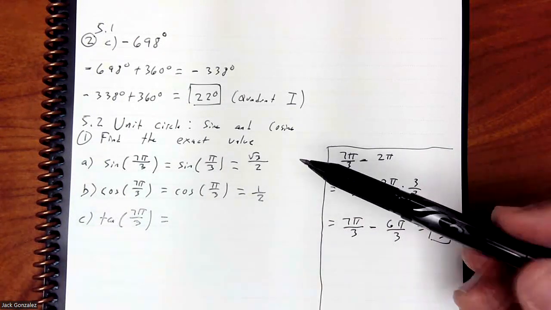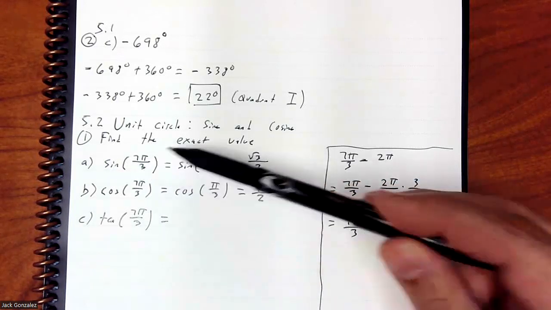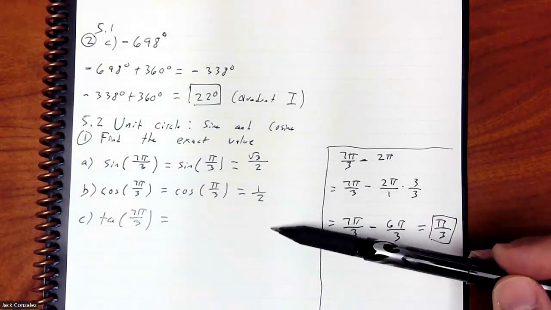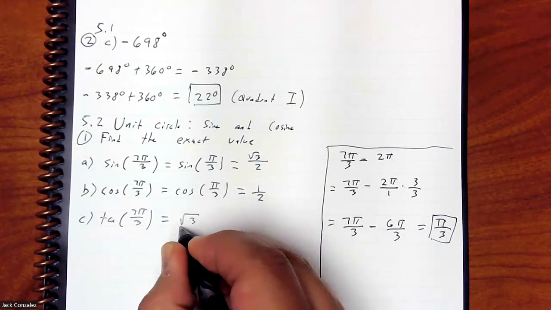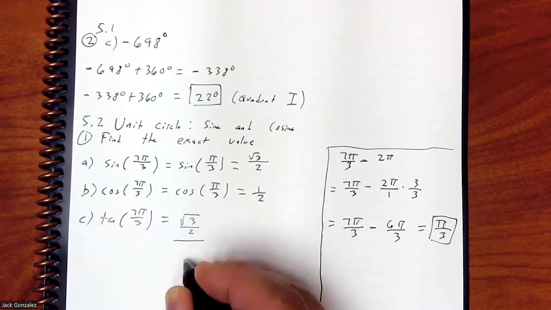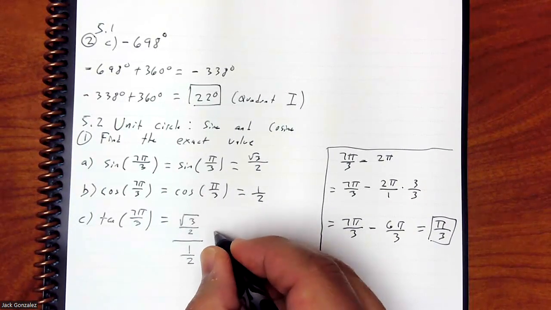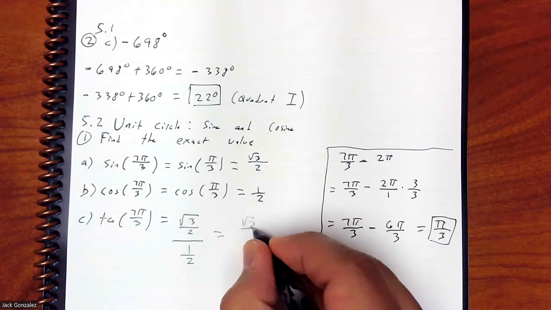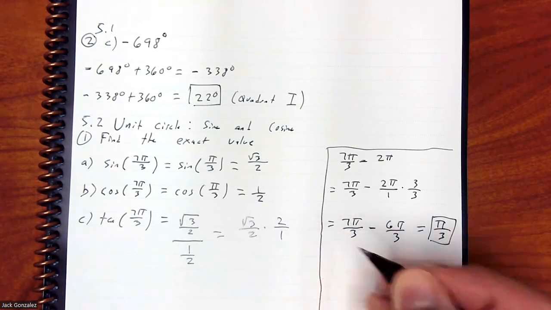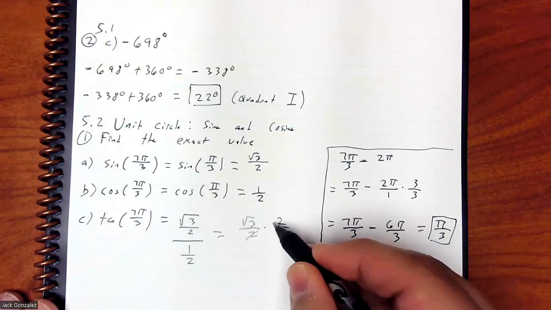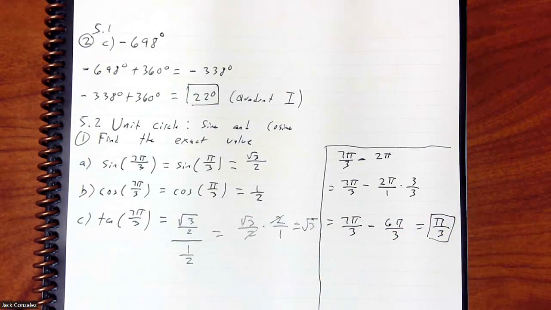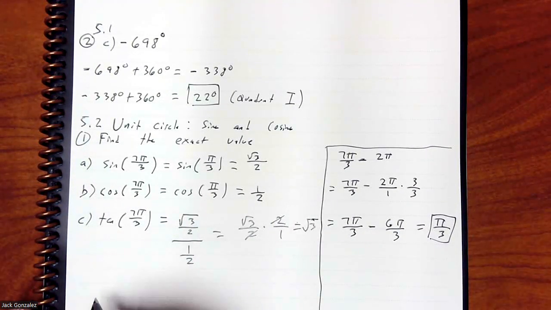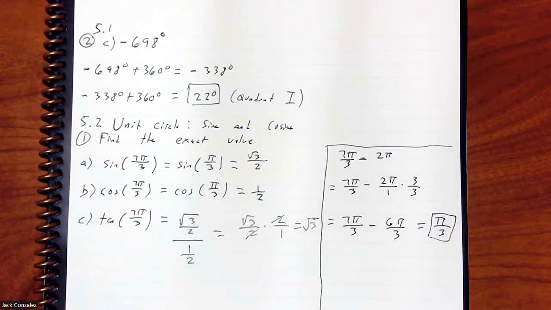Right, tangent means you do sine over cosine, so you divide these answers. So take the sine first and divide it by the cosine. So that will give us this guy, which then cancels into just root 3. And write that a little prettier.